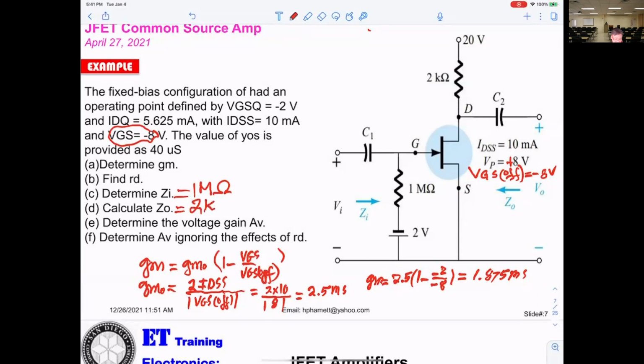So Z out is 2K. You only get 2K, with no load resistor.